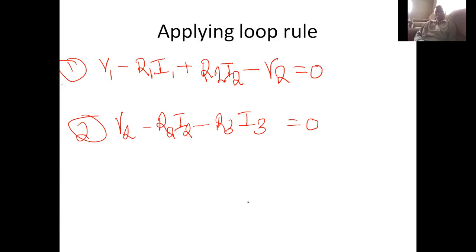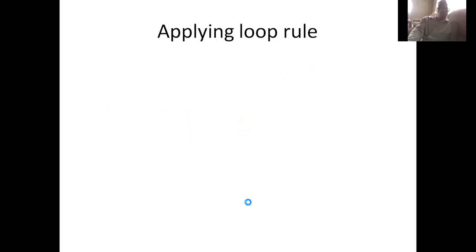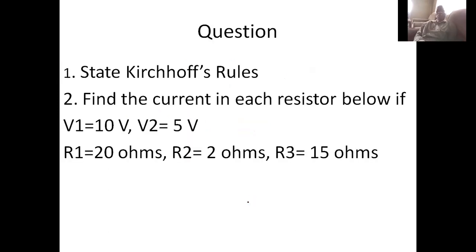And so we need to apply this scenario now to an ideal question so that we know whether we have actually understood the concept. So we'll go straight into a question. This question states that the first part would want us to state Kirchhoff's laws.